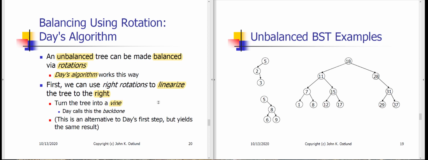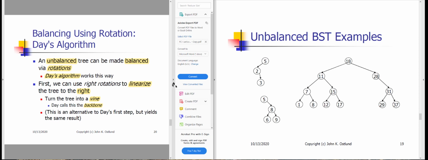And this is often called a vine. A vine is a subcategory of tree in which all of the values are down either the right side or the left side. In Day's terminology, and I will post the paper that Day wrote from back in the mid-70s, he refers to this vine as the backbone for his algorithm.